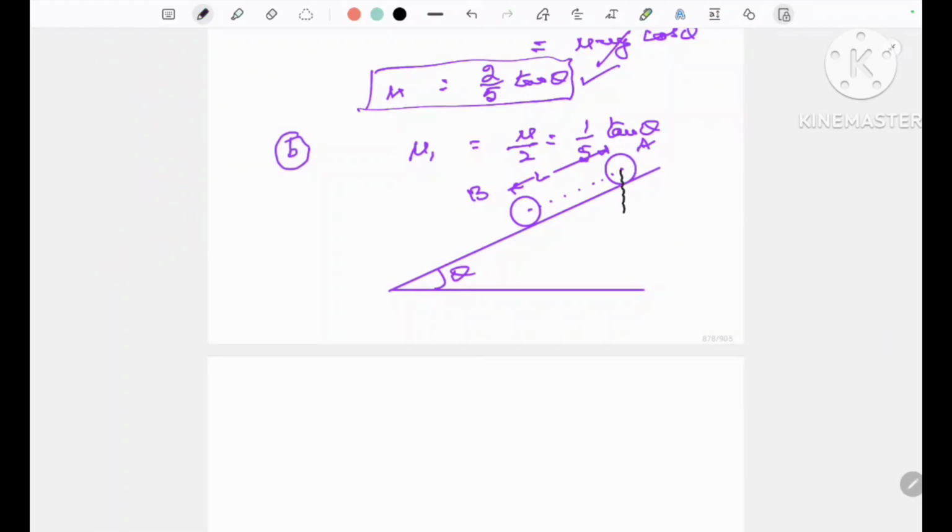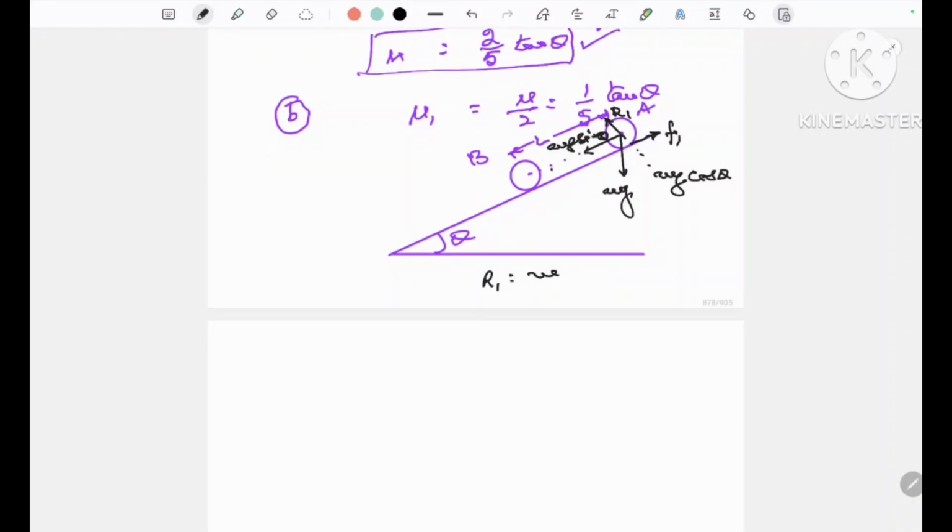Its weight is mg downward. This is mg cos theta, and mg sin theta. This reaction is R1 and the frictional force is F1.